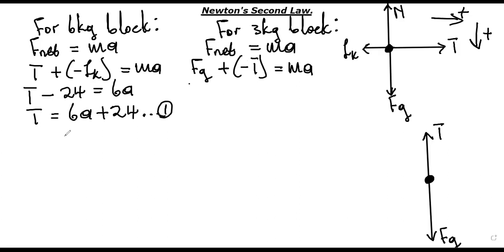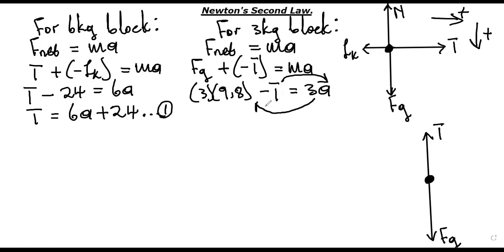So we know that if we want to calculate the gravitational force, we just take the mass of an object and multiply it by the acceleration due to gravity. And then we say this is equal to 3A. And then we take this tension force to the right so that it becomes positive.